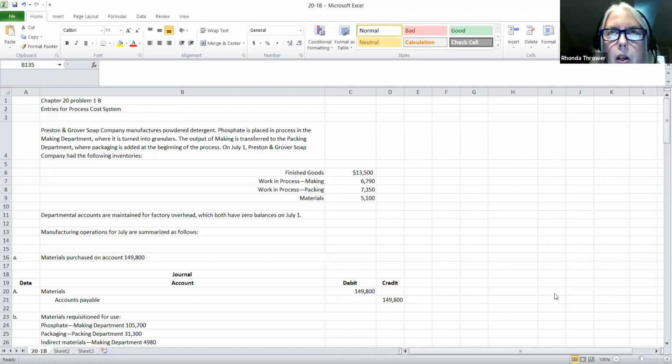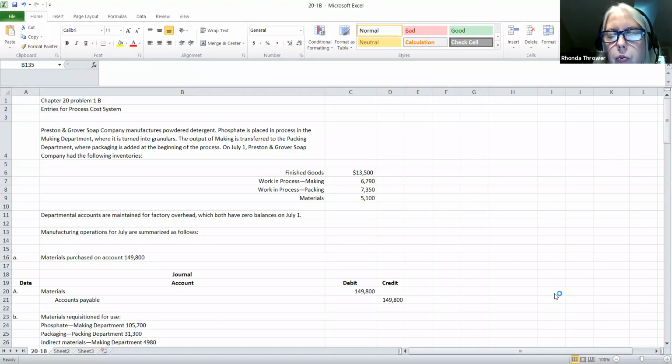So what I'm trying to say to you is we're going to be transferring units from one department to another department until it enters the finished goods inventory account. In other words, we'll add up all the cost in work in process on the debit side.